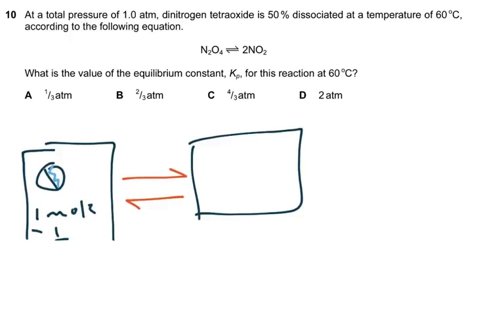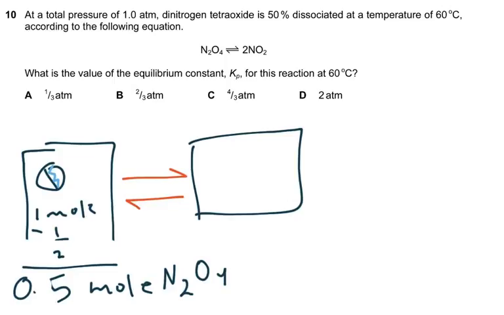This is basically the change. So 1 minus half, we end up with 0.5 mole of N2O4. This is just based on the question. They told us that 50% dissociated. I'm using 1 mole. You could use 2 moles.